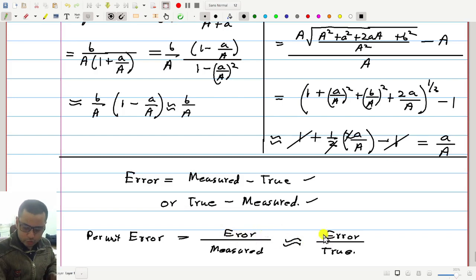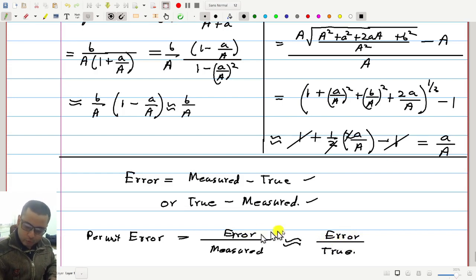And we also use both these definitions depending on the situation. For example, if the measured value is directly known, true value is not known, maybe that is the more likely case, then we will use this definition. But you can also use this definition when you are starting from the true value and the true value is known, then this quantity is easier to use.